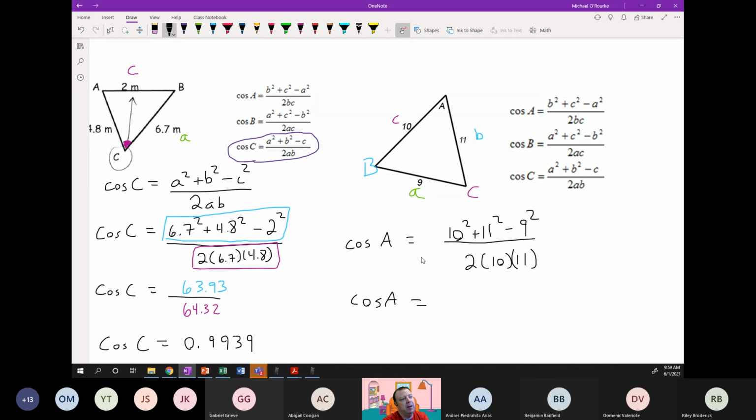How many people got theirs to look like mine? The 10 and 11 might switch spots. It might be 11 squared plus 10 squared. Put a Y in chat if you're able to get this. Put a question mark if there's something in mine that you don't understand how it got there.